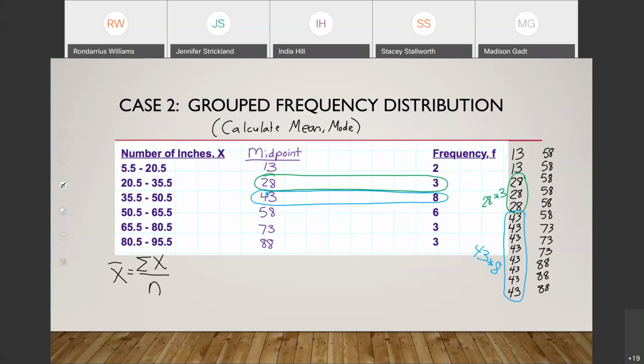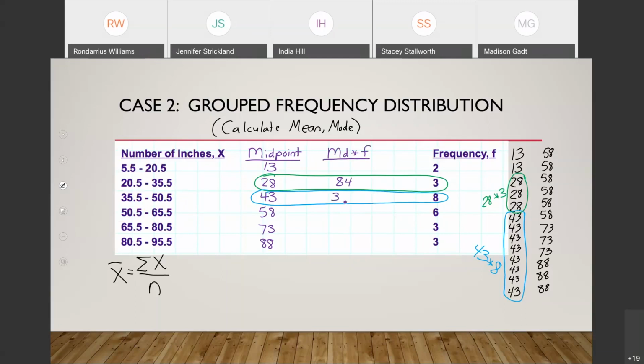So what I'm going to do is add one more column to this where I actually do those multiplications. I'm going to call it midpoint times the frequency. And I'm going to do that multiplication. So 28 times 3, 84. 43 times 8, 344.